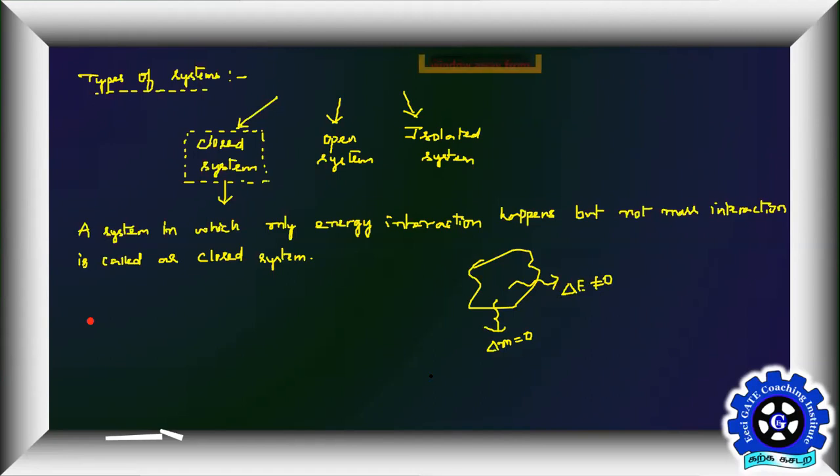You'll see that the mass of the system remains the same during this interaction. Whatever mass you have taken before the energy interaction, after the energy interaction you will see the mass is fixed. The mass of the gas, or the fluid, or the solid, whatever is sitting inside the system or inside your boundary, is fixed. Those kinds of systems are called closed systems.